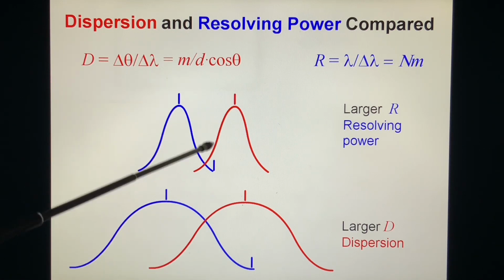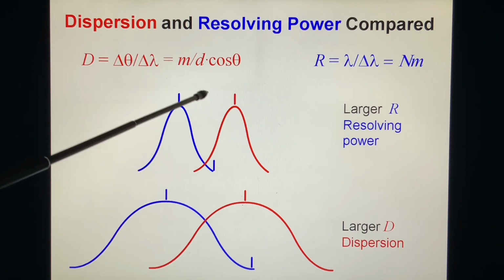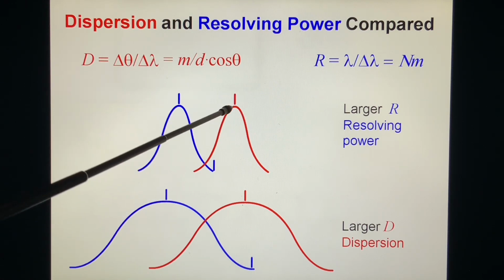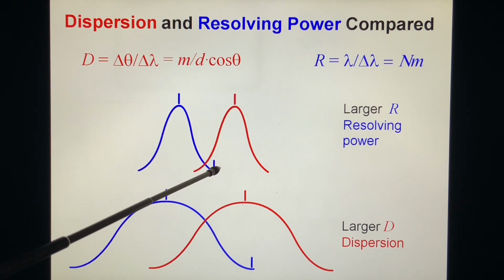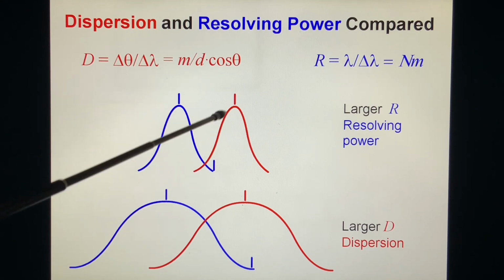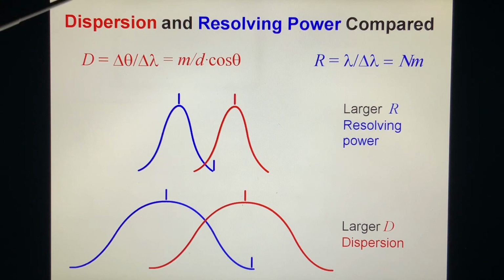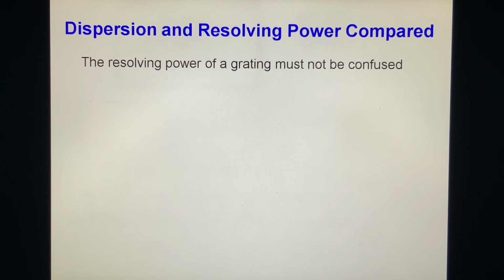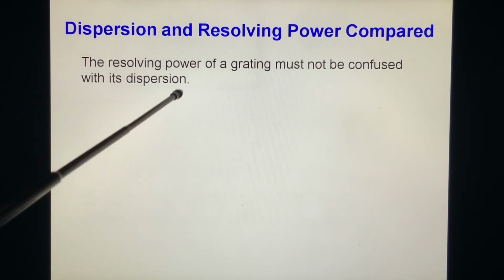But in this one, even though D is smaller and the separation is smaller, the lines are slim, and this one is outside the first minimum of the second one. So you can tell these two lines apart. That's why dispersion and resolving power are different things. The resolving power of a grating must not be confused with its dispersion.